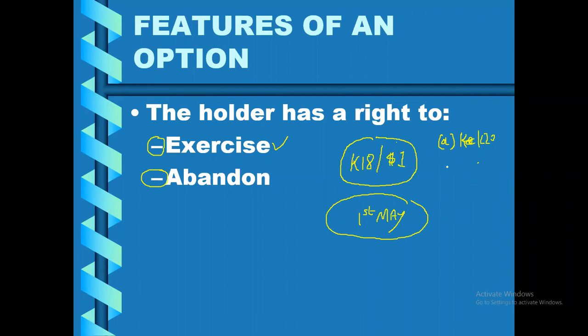What of scenario B? The rates in the open markets have dropped to 16 kwacha. What do you do? You simply abandon this option. This option is not in your favor, so you abandon it, and you just go and buy your currencies in the open markets.